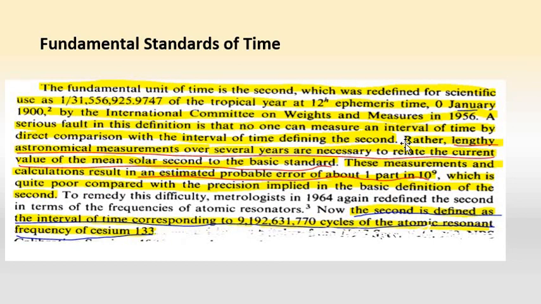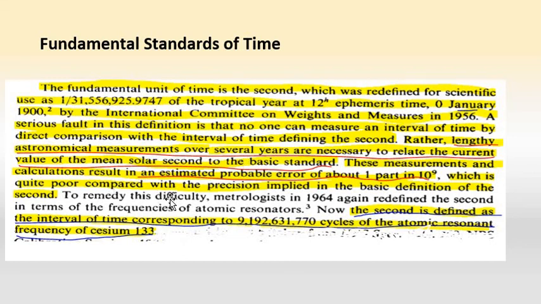So after that, another standard developed was the astronomical measurement. The disadvantage of such methods I have told before, that is, they are complex and take much time to achieve the final result, and also it is not easily understandable by normal people.